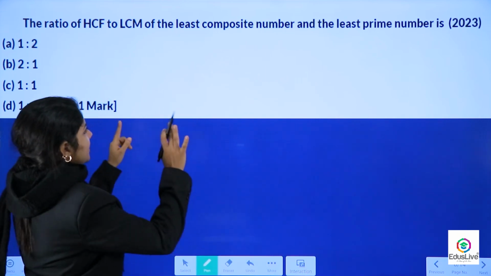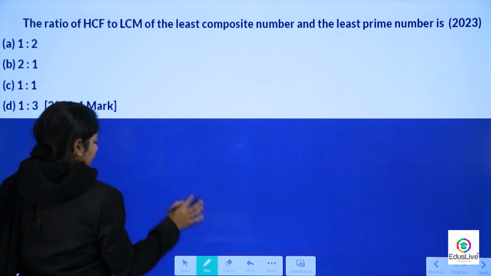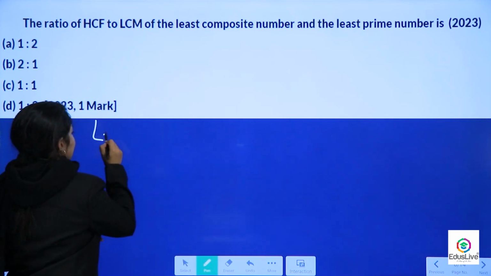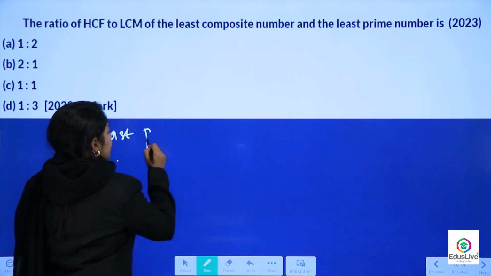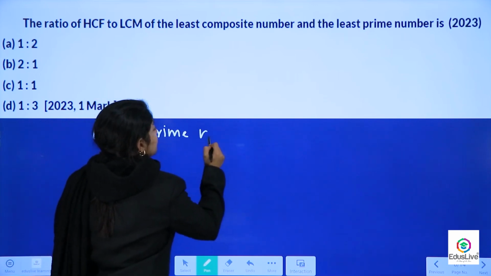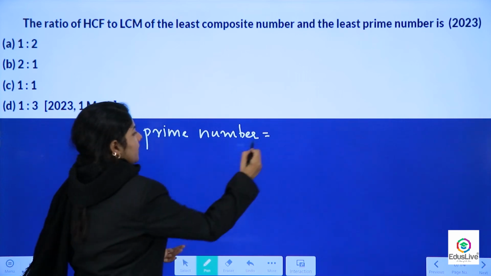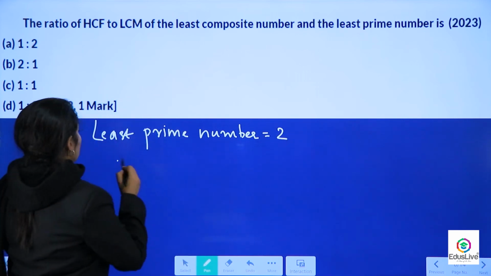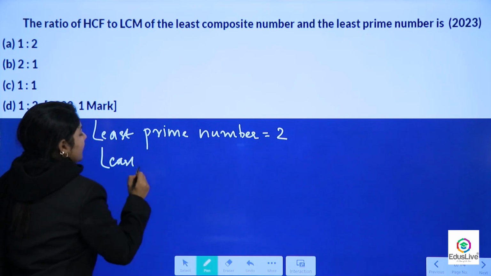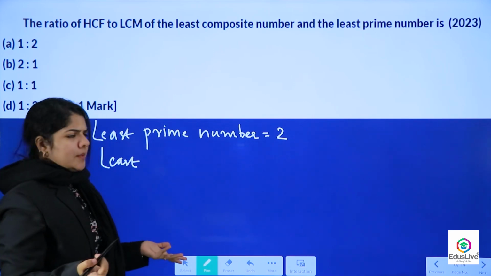Okay. So, which is the least prime number? The least prime number is 2 because 1 is not a prime or composite number. And which is the least composite number? After 2 we have 3. 3 is again a prime number.